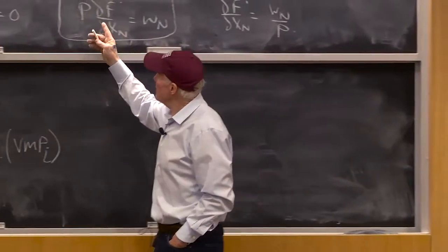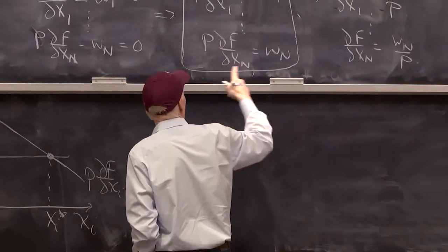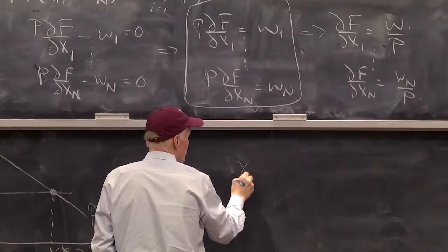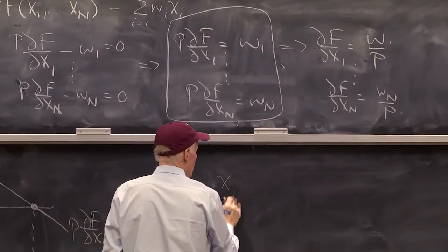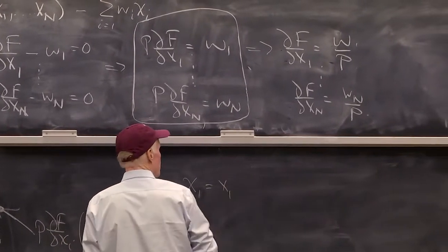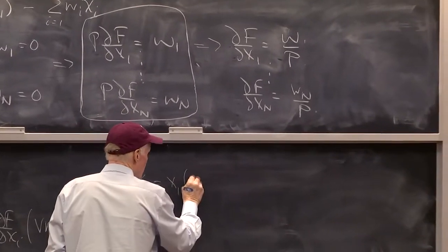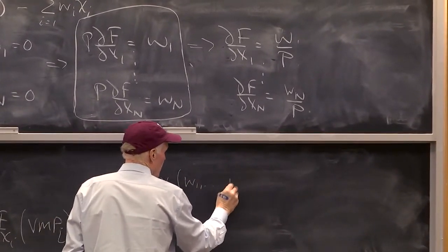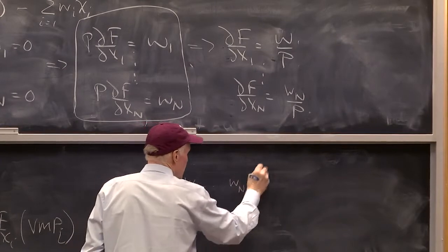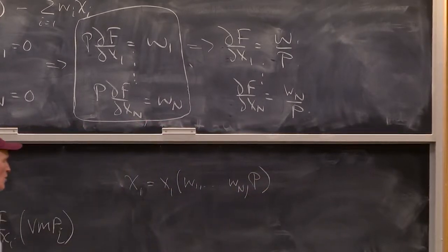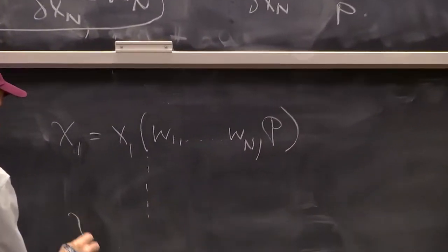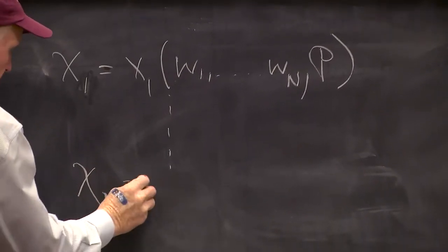Now, just like we did in the consumer case, we could solve these equations for x1 equals x1 of W1 up to Wn and P, right? That is, we could solve for the firm's demand equations.